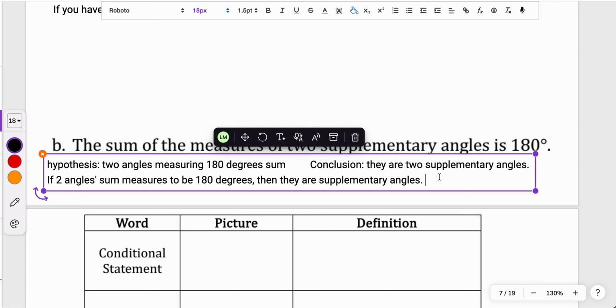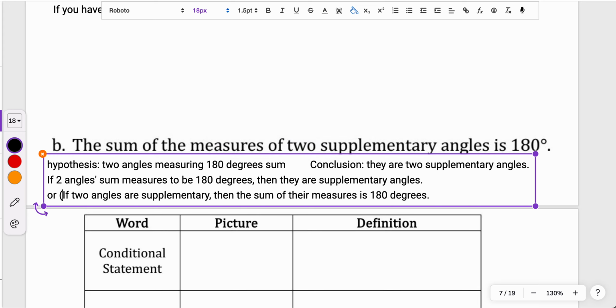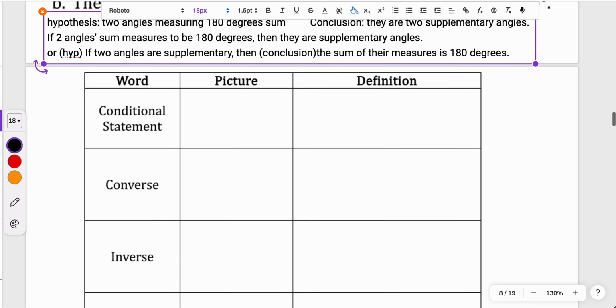Technically, you could flip it around: if 2 angles are supplementary, then the sum of their measures is 180 degrees, okay? That could be flipped around if you say the hypothesis is 2 angles are supplementary and the conclusion is the sum of their angles, okay?